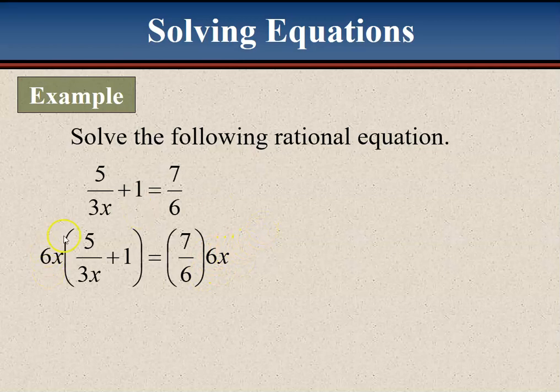So therefore, you will multiply both sides. So therefore, we can have now 10 plus 6x, which is this one is 2 times 5 is 10. Then 6x times 1 is 6x. And then here we will have 6x times 7 over 6, which equals 7x. And then here you can solve already for the value of x, which is x equals 10.